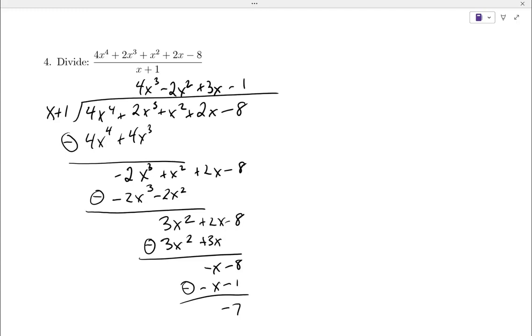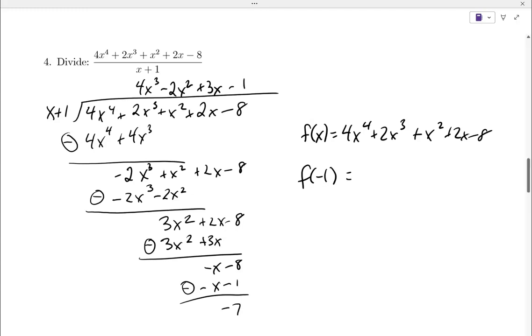Do me a favor, and if I say my f of x again is the numerator, see what you get when you put -1 into the function.